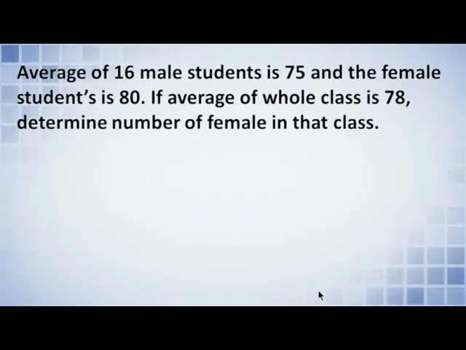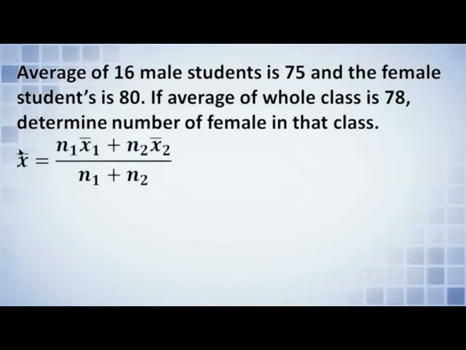Next example. The average of 16 male students is 75 and of the female students is 80. If the average of the whole class is 78, determine the number of female students in that class. This is still the formula for combined average, n1 x bar 1 for the male and n2 x bar 2 for the female.